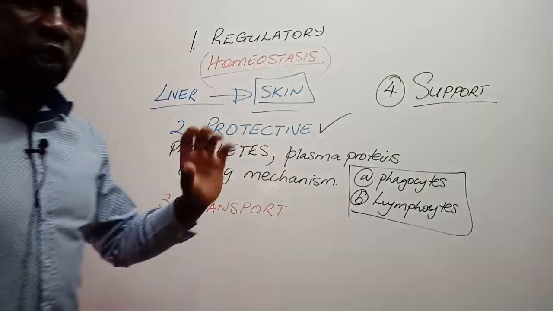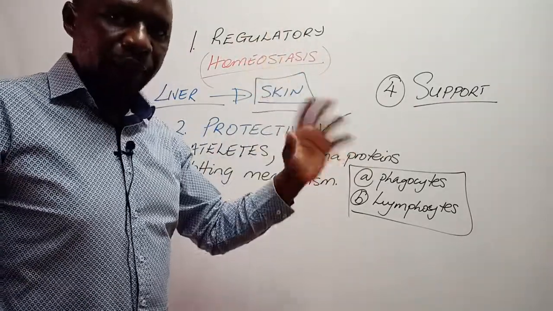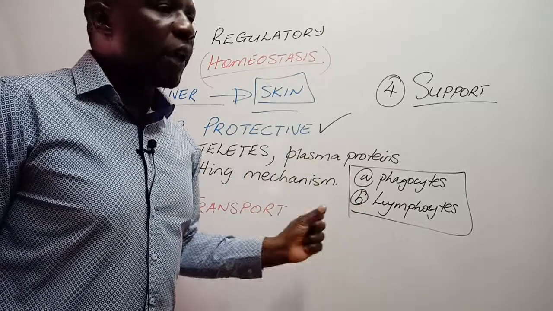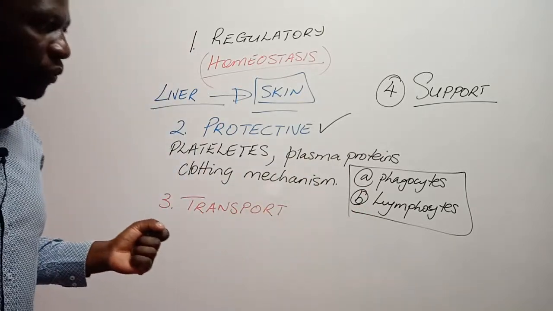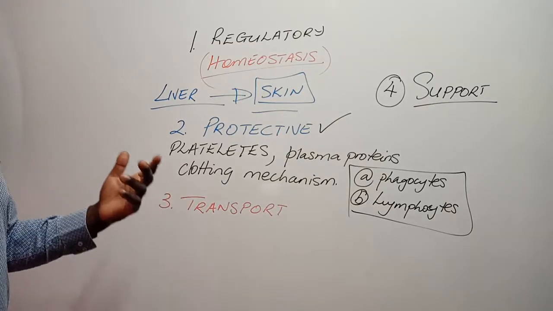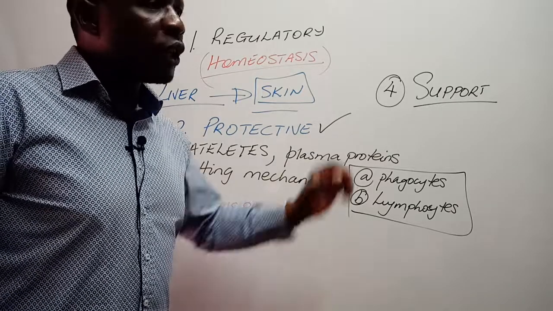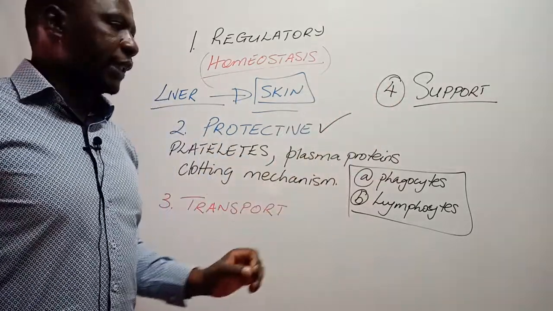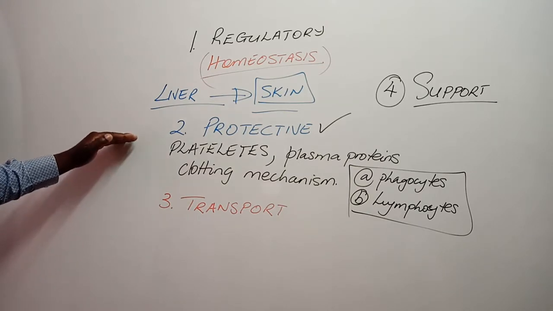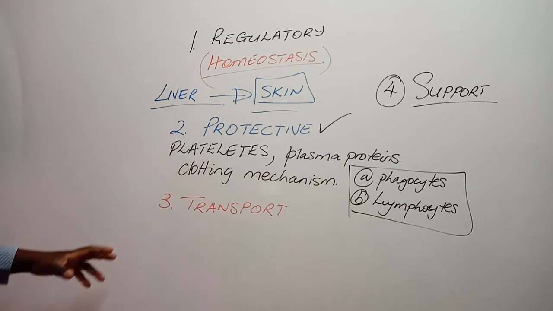When the disease-causing organism is engulfed or captured by a phagocyte, a lymphocyte plays the role of manufacturing and releasing a specific antibody to fight that particular disease. So that is the protective function of blood.